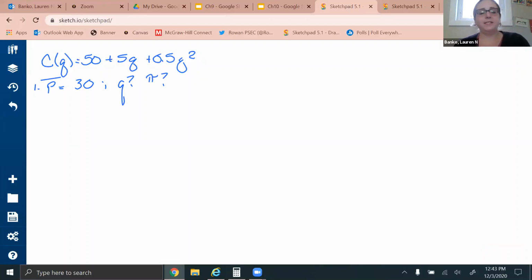I remember how we'd start this off. What would be our first step here? Well, we want to use the golden rule, right? The golden rule says that we want to set marginal cost equal to marginal revenue.